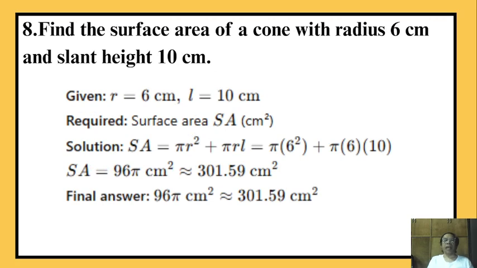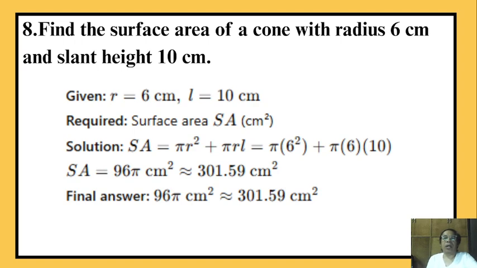Number 8. Find the surface area of a cone with radius 6 centimeters and slant height 10 centimeters. Given radius 6 centimeters, we are given the slant height L 10 centimeters, the required surface area.